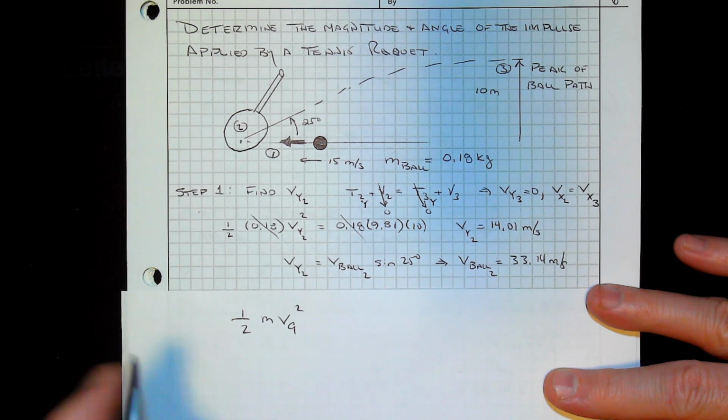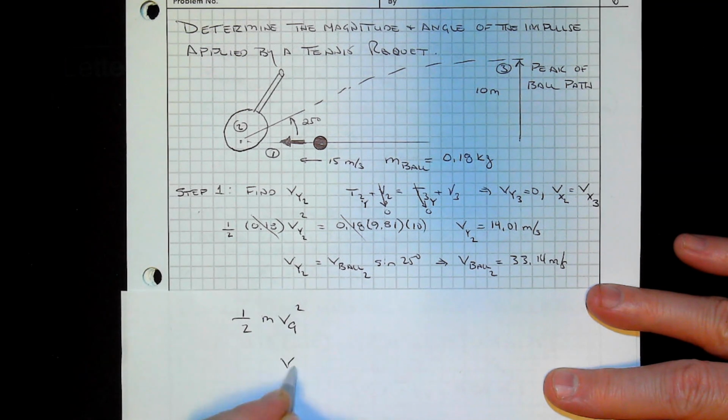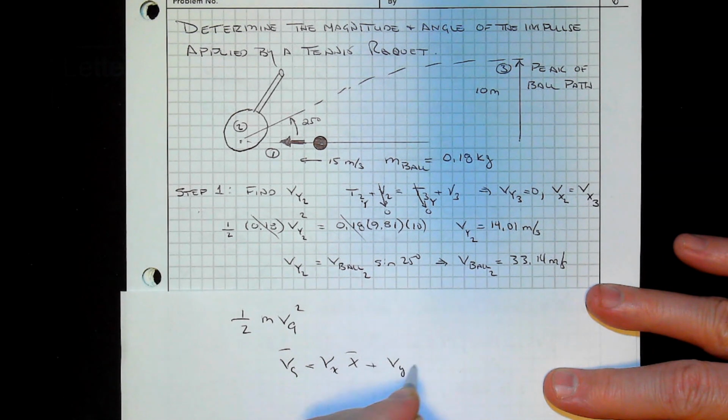Well, how fast is the center of mass going? Well, in general, Vg as a vector would be something along the x plus something along the y. Well, what's the magnitude squared? Vx squared plus Vy squared.